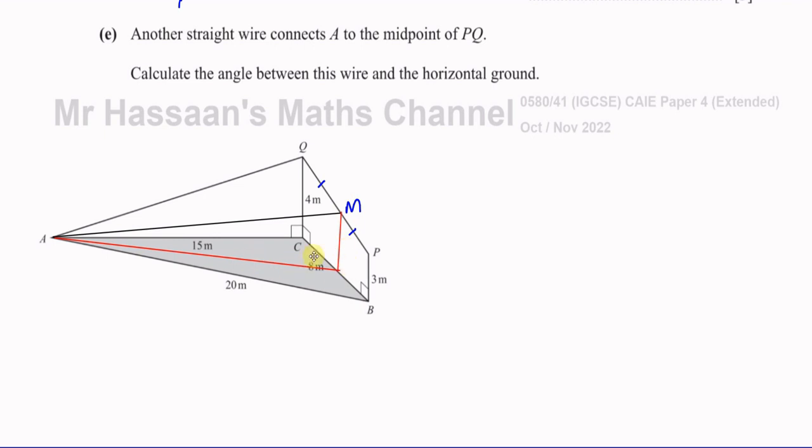This is vertical, this is horizontal. I already called a point X in the first part, so let me call this point Y.